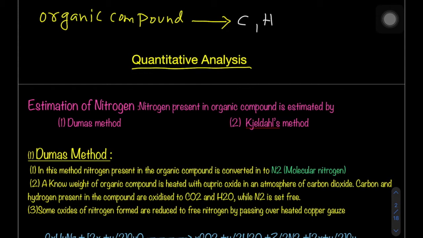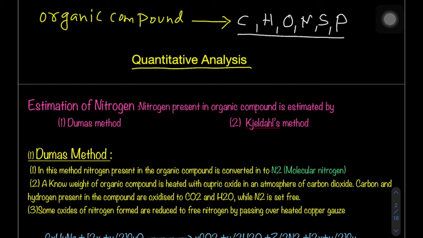When both carbon and hydrogen are present, such compounds are called hydrocarbons. Along with these two elements there are other possible elements: oxygen, nitrogen, sulfur and phosphorus will be present. These are the commonly occurring elements in a given organic compound.